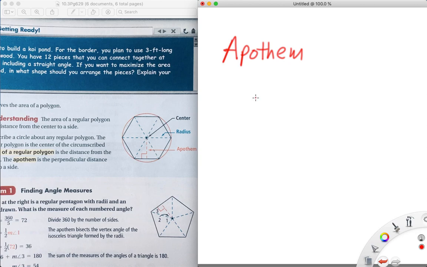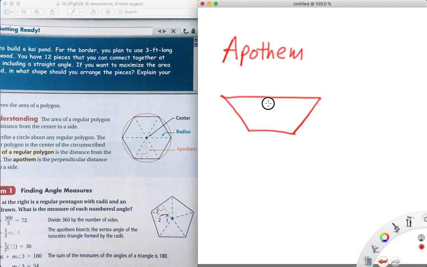The apothem is the distance from the center of the circle to the side of the polygon. So I'm going to break up this hexagon as best I can. I cut the hexagon in half.